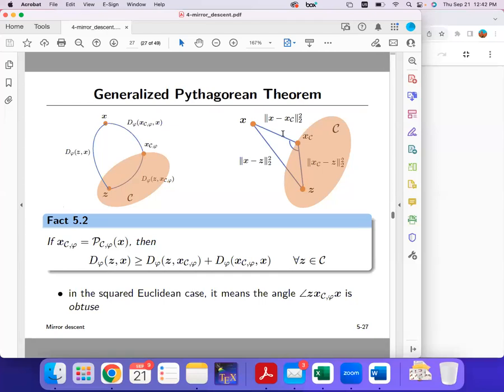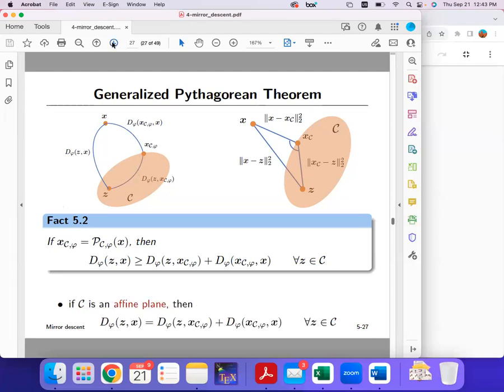It's not the triangle inequality, so it's a different thing. So we have this generalized theorem. In fact, if the set C is an affine plane, then this inequality becomes equality.